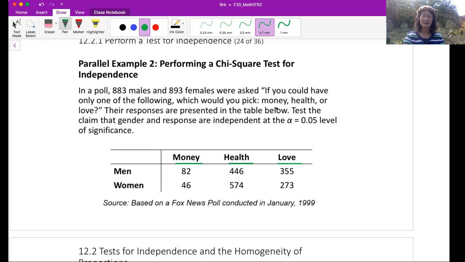And the question is, test the claim that gender and the response are independent at 0.05 level of significance. Independence means the answer you choose has nothing to do with whether you are man or woman. So we are going to test if this claim is true or not.